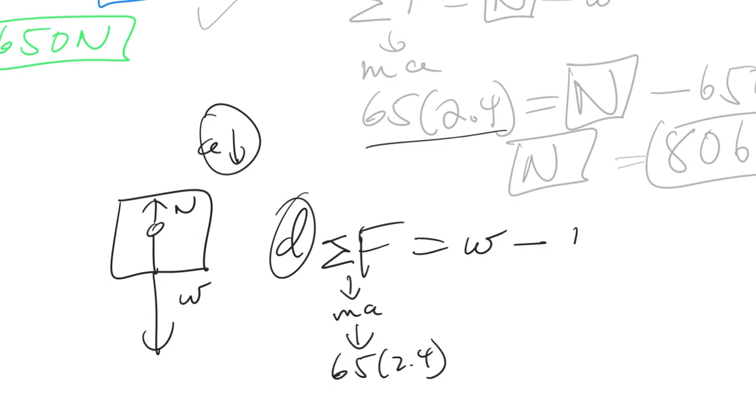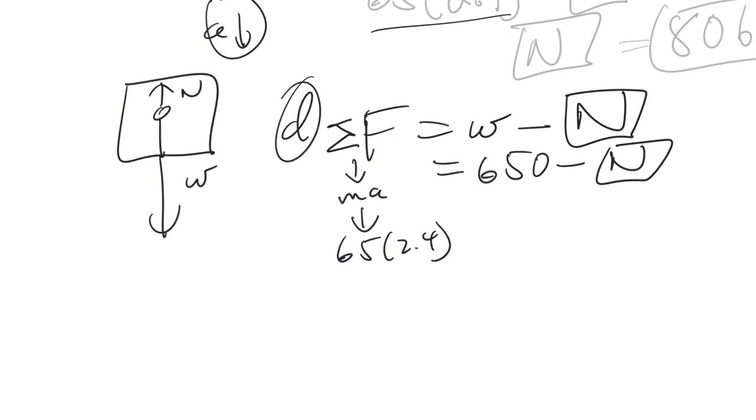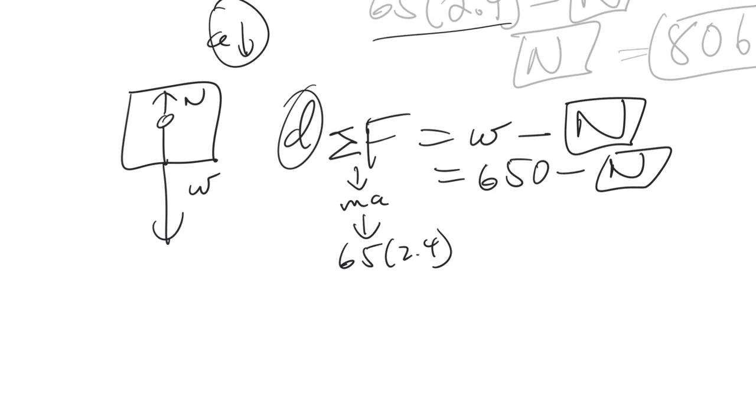So it'd be the bigger force minus the smaller force, 650 from before, her weight, minus normal force. So I'm going to add normal force to both sides. And so I rewrite this.